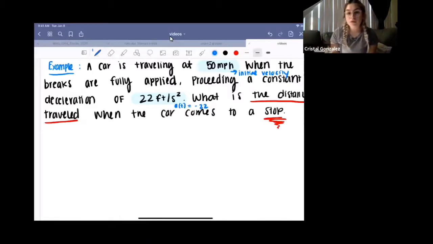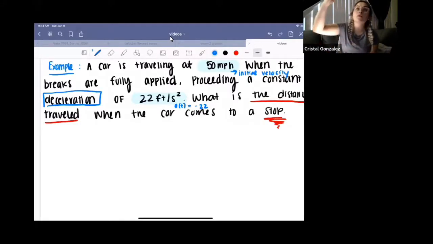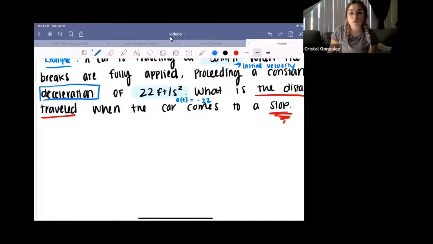The reason we set this equal to -22 is because there's a deceleration. We're not accelerating. We are actually getting slower because we applied the brakes. And they want to know the distance traveled before the car comes to a stop.